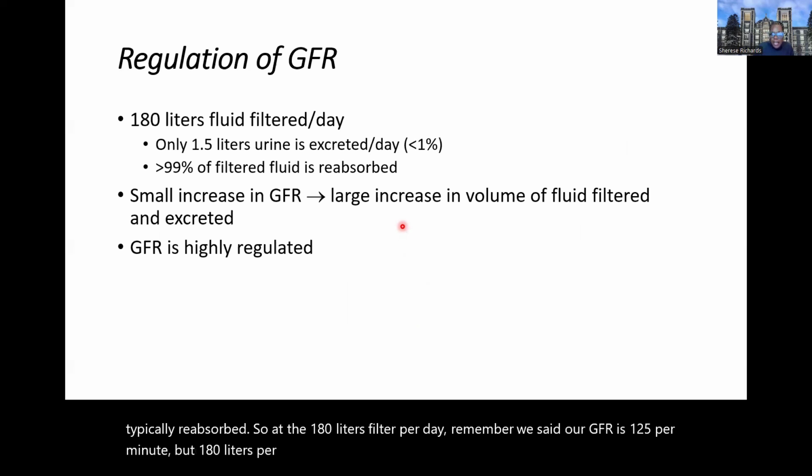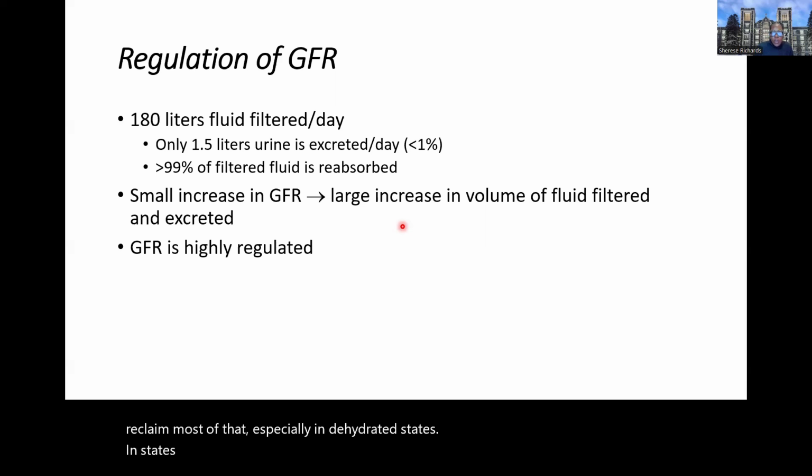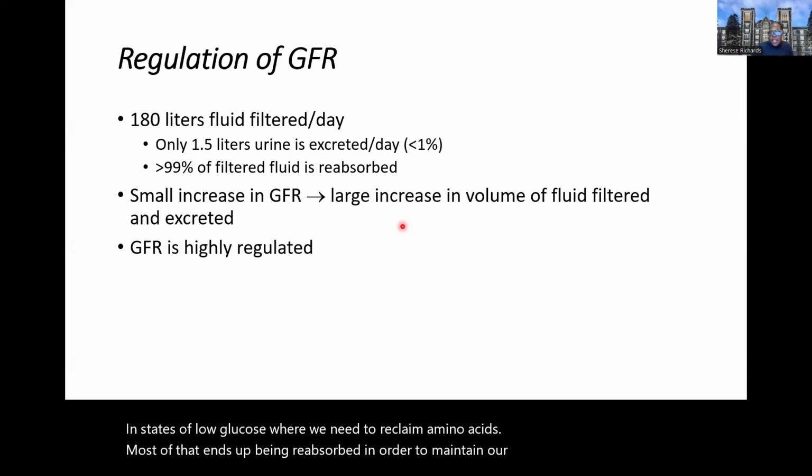So most of that ends up being reabsorbed. We want to reclaim most of that, especially in dehydrated states, in states of low glucose, where we need to reclaim amino acids. Most of that ends up being reabsorbed in order to maintain our fluid levels and our fluid balance.